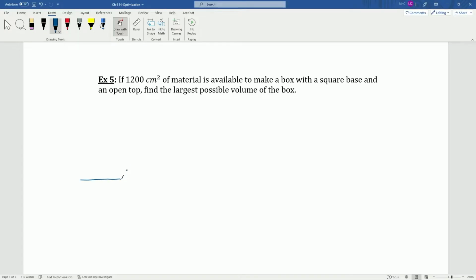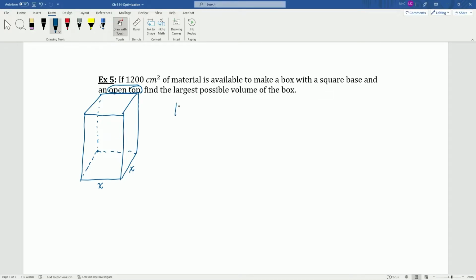So, you got a square base. That means the side lengths are the same. But the height could be different. Now the key part here is the top is open. So when we're looking at the material, we're just looking at the area that each of the sides takes up.